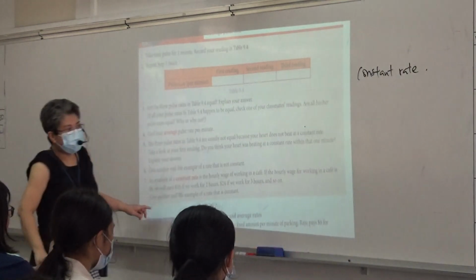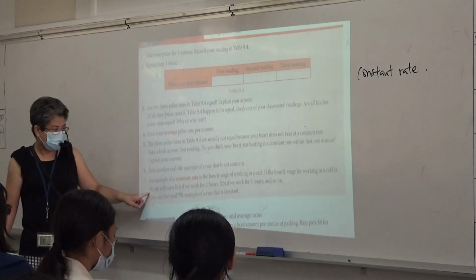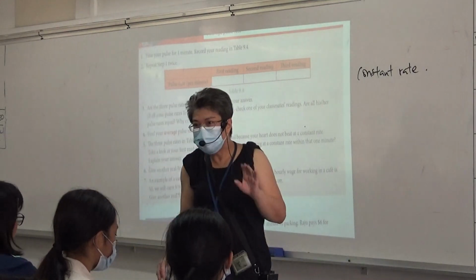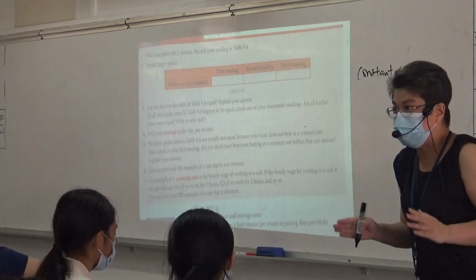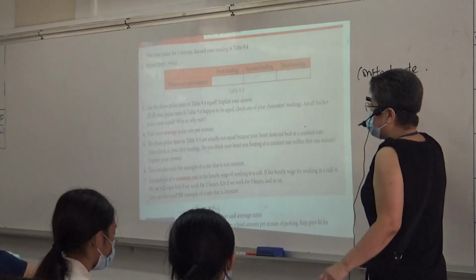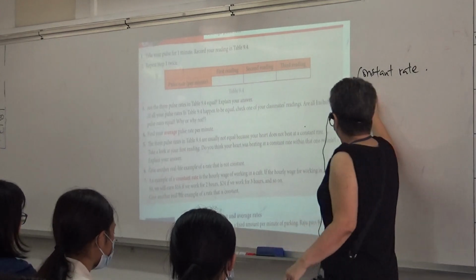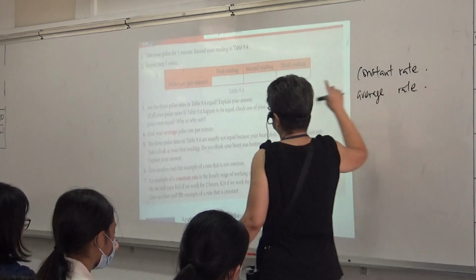If the hourly wage for working in a cafe is $8, we will earn $16 if you work for 2 hours, right? Can you see this is constant? $8 per hour. It doesn't change. So this is called constant rate. Understand? Okay, now, what is an average rate? Can you look at this example?